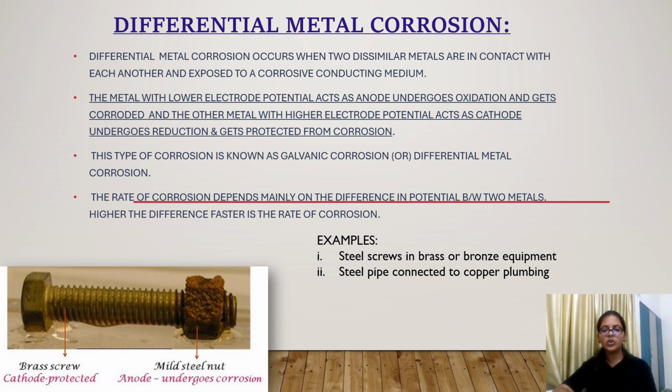This type of corrosion is also known as galvanic corrosion. The rate of corrosion depends mainly on the difference in potential between the two metals. Higher the difference, faster is the rate of corrosion. Examples: steel screws in brass or bronze equipment, steel pipe connected to a copper plumbing.